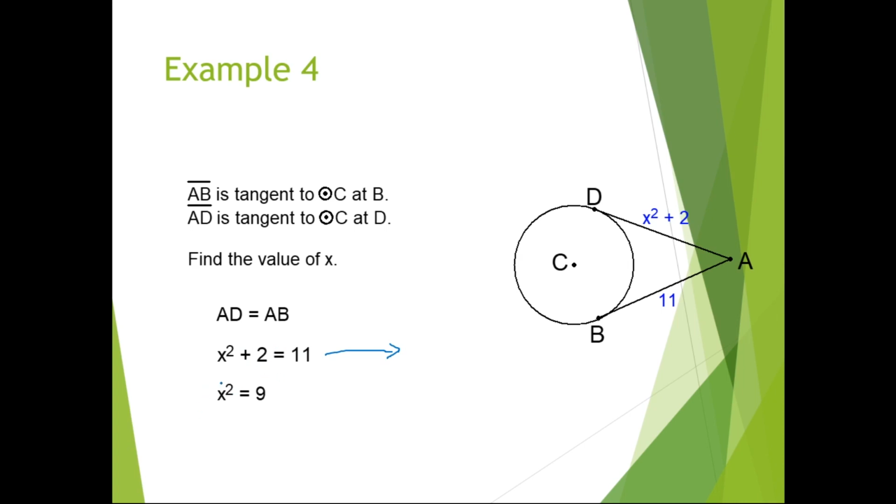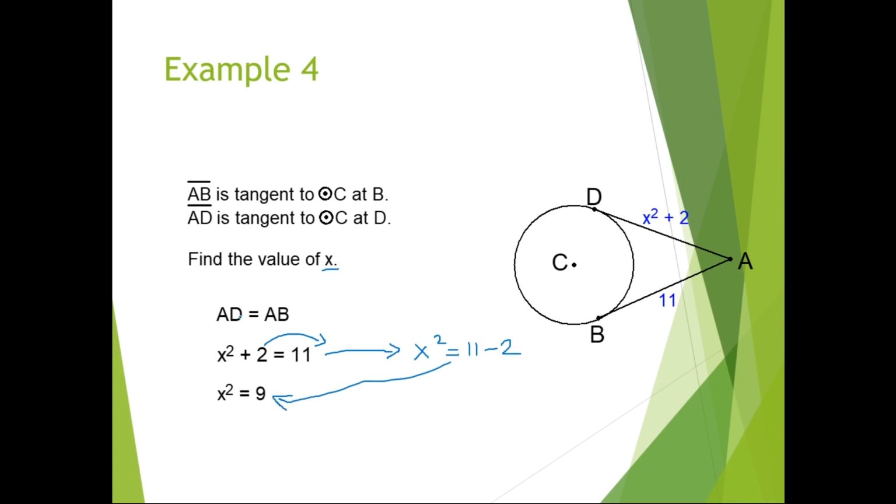So how come na nahimo siyang X squared equals 9? So kaning 2 ato nang i-transpose sa right side, mausab ang sign kay positive man siya sa left, inig-transpose sa right, minus na. So it becomes X squared equals 11 minus 2. So nahimo siyang X squared equals 9.